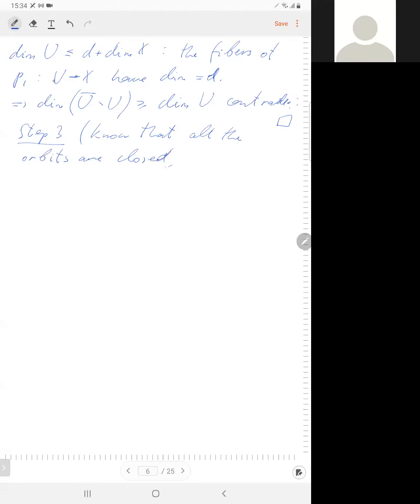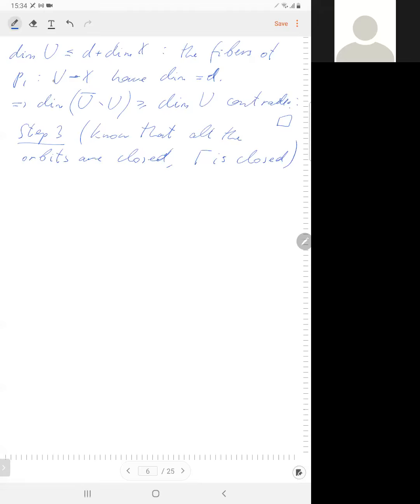And moreover, the graph of the action is also closed. Okay. Now, since it is closed, it is given by some equation, and we're going to use this.